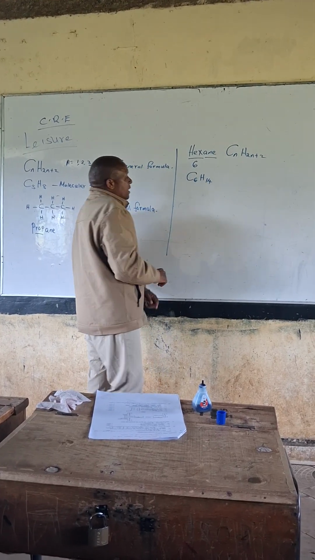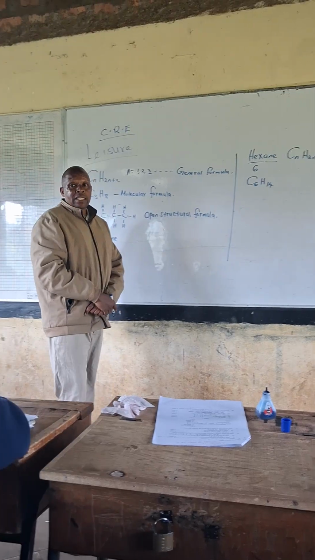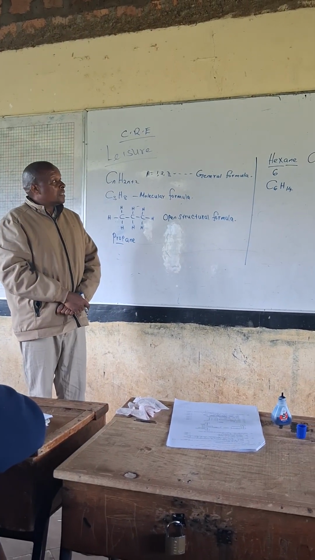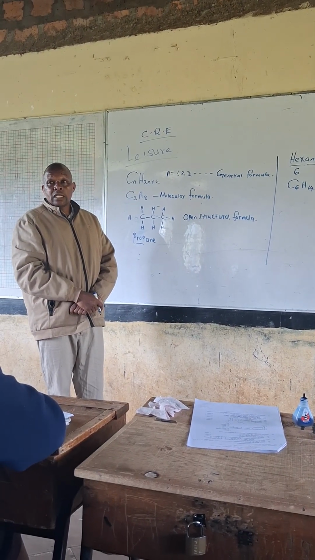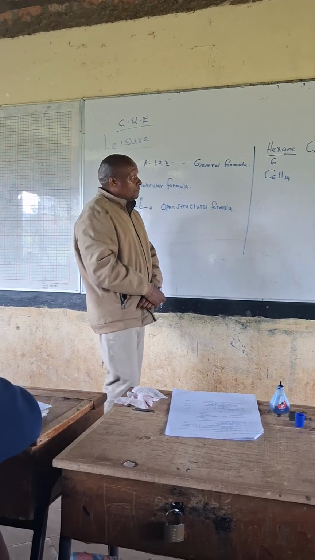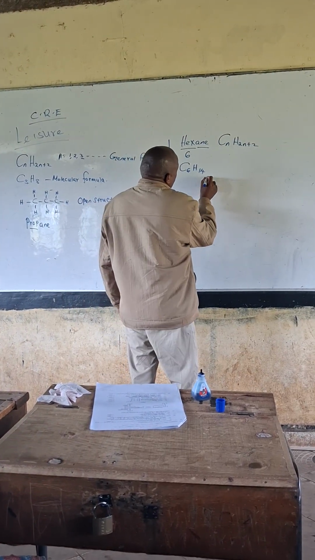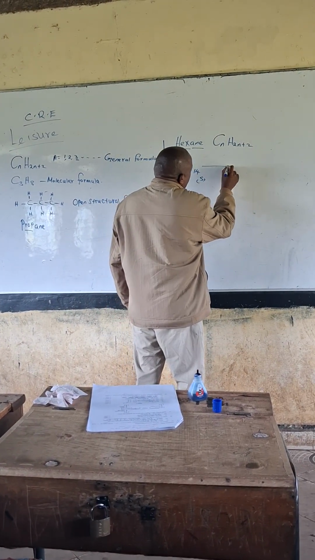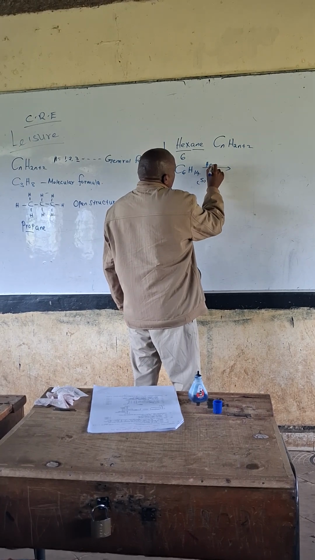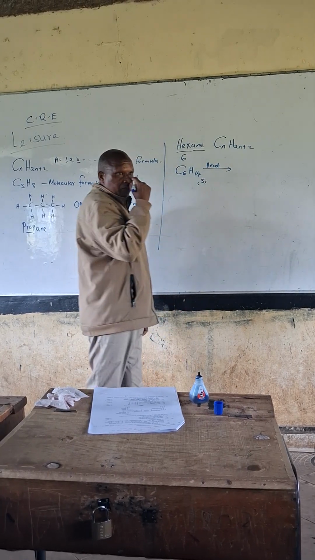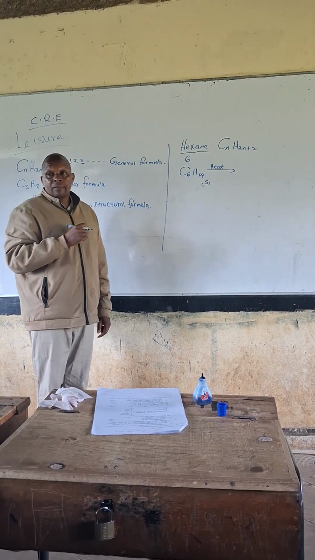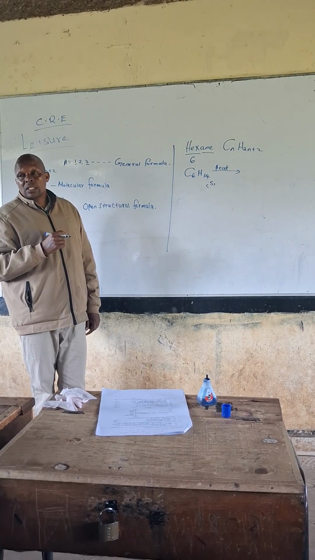So that alkane will be having the molecular formula C6H14. Are we together? Yes. Now, this is heated strongly. When we heat strongly, one of the products is what? Ethene.